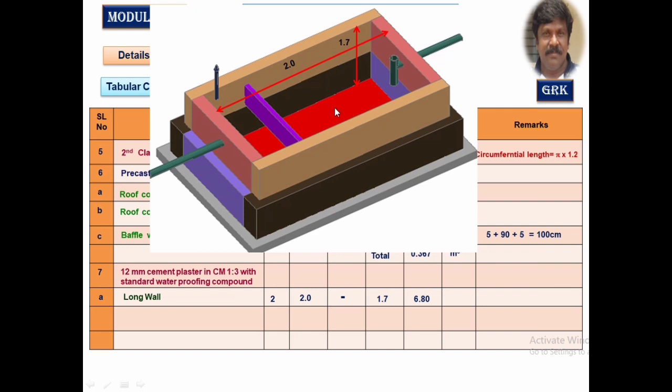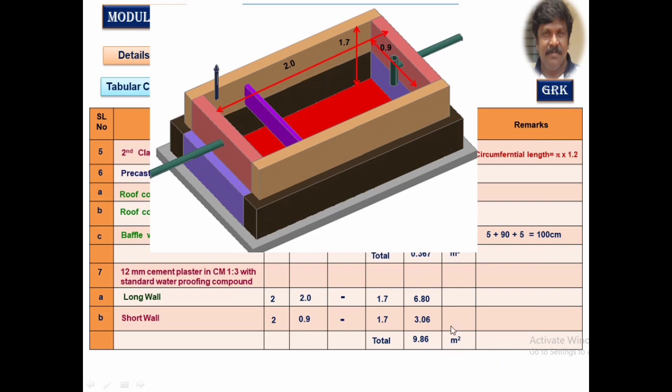Similarly, for the short wall, the length of that is 0.9 meter. Depth is 1.7. So the total quantity of plastering for the inner side of 12 mm thick works out to be 9.86 square meter.